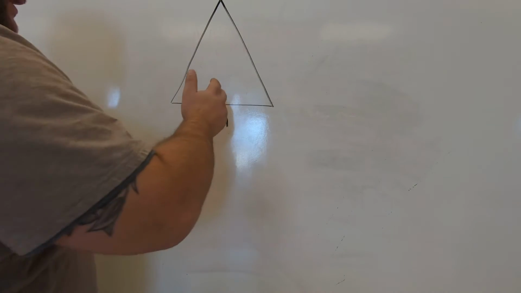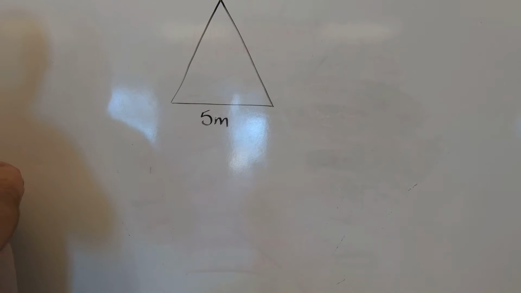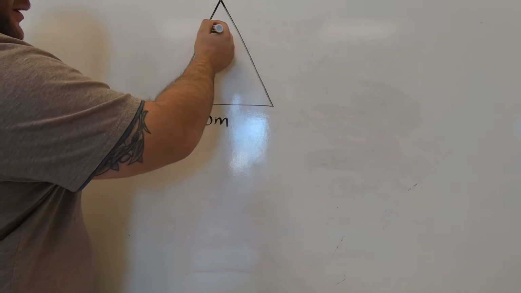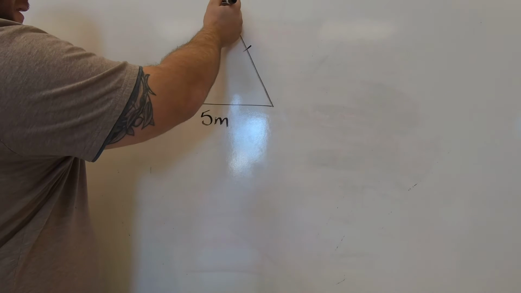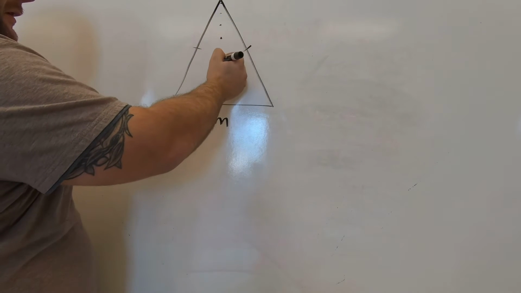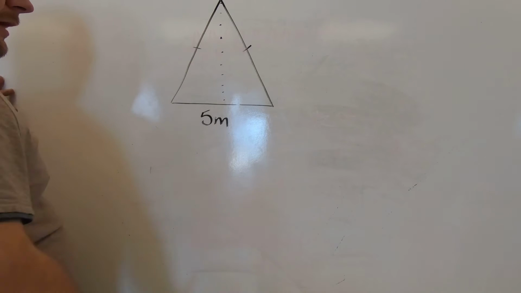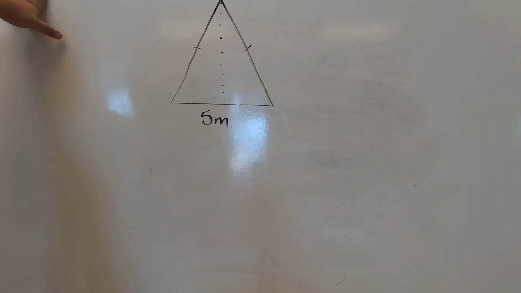In a triangle, it's the distance from the base to the highest point. So these here are side lengths. These are not your height, they're definitely not your height in this type of triangle. Your height would be the distance from the top to the bottom. Think of it as an imaginary line.